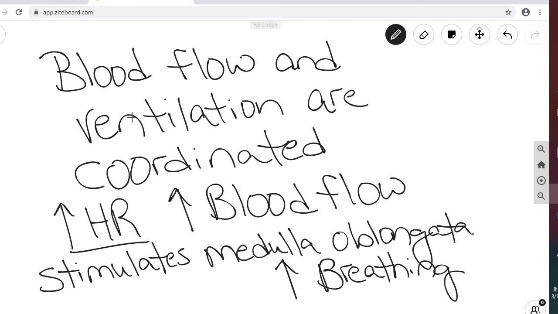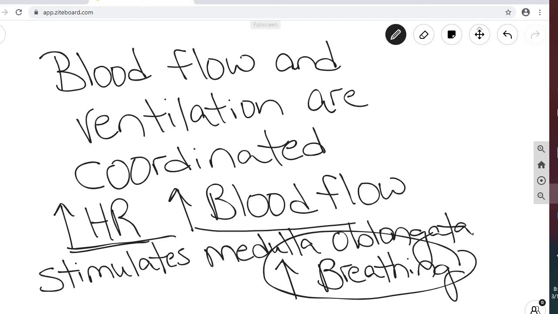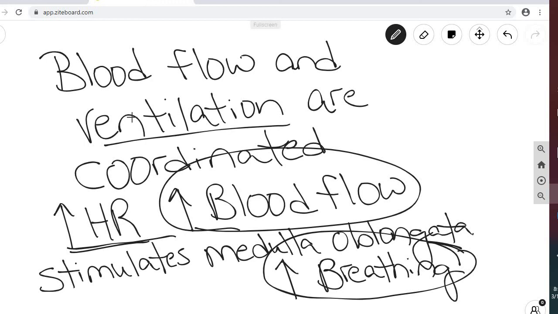So as you increase blood flow because you've increased the heart rate, you also increase the breathing rate. The blood that is flowing is also able to carry more oxygen because you're breathing in more oxygen. So blood flow and ventilation are very well coordinated: when heart rate increases, respiration increases right along with it, and that improves the ability to transport oxygen throughout the body and also get rid of carbon dioxide.